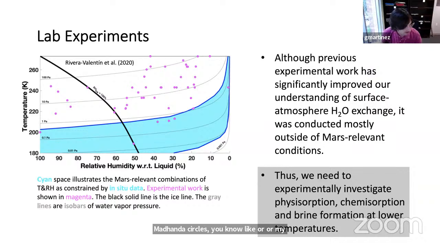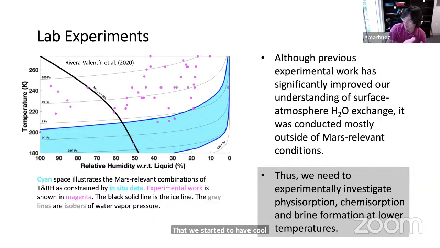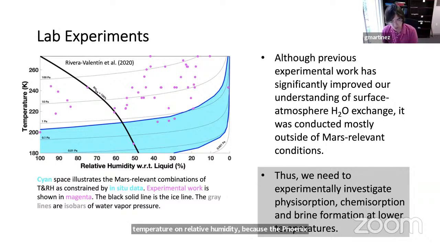What you need to understand is that it was only recently, in the last years of the last decade, so 2017, 18, 19, that we started to have combined measurements of ground temperature and relative humidity, because the Phoenix relative humidity were recalibrated and finally made available in 2019.